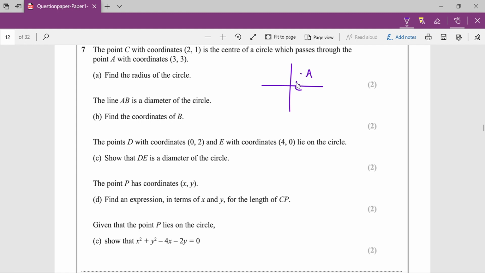So if this is 3, 3, this is 2, 1. Now, given it goes down 2, we'd expect it to go down 2 again. And given it goes left 1, we'd expect it to go left 1 again. In other words, the vector from A to C is the same as the vector from C to B. And we can sort of write that as our proof of this, to be frank.